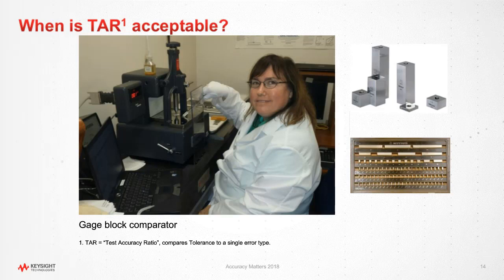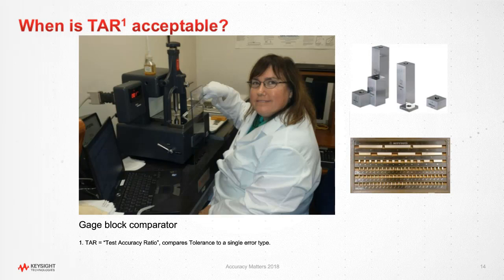And I go, no. You cannot divide the spec by just that one error. You won't get anywhere near what the real uncertainty is. You're completely ignoring, in this case, the mismatch.